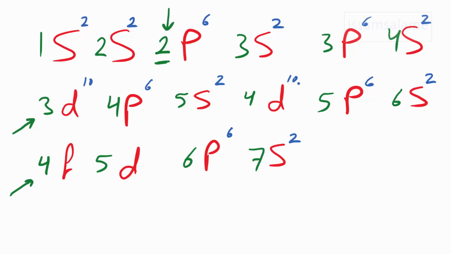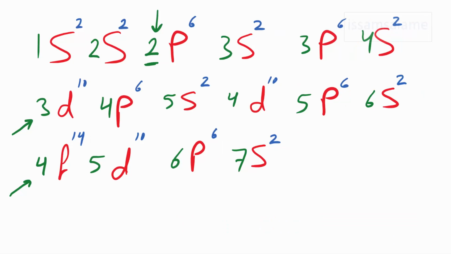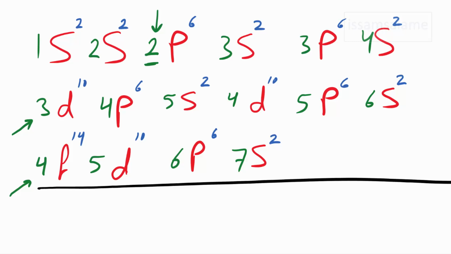And the f holds 14. Now please listen very carefully, because now we are going to learn how to use this sequence of subshells in writing the electronic configuration for different atoms.